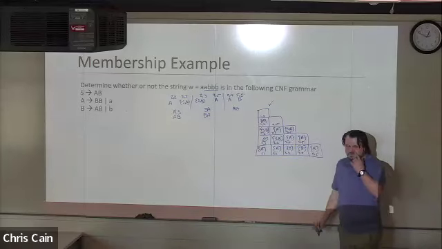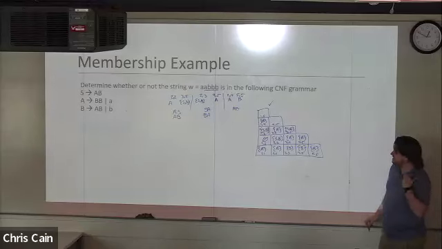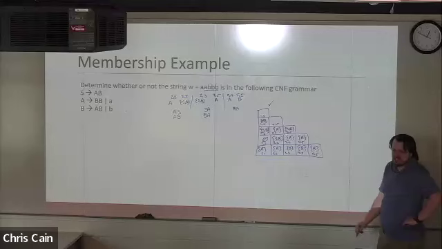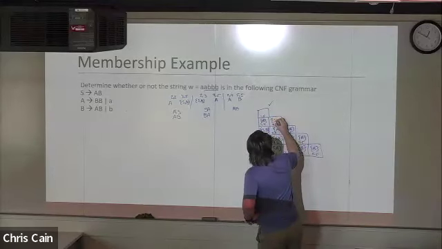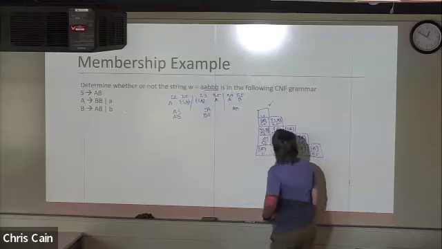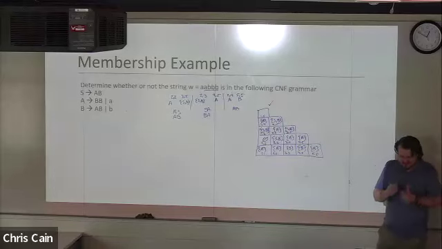What left-hand sides can produce any of these? Just S and B. So that's what we put in that box.